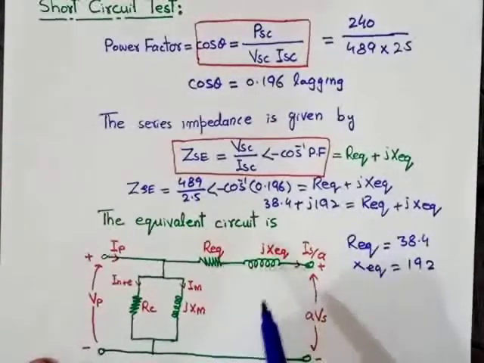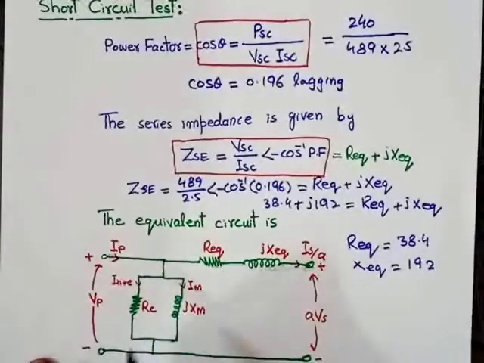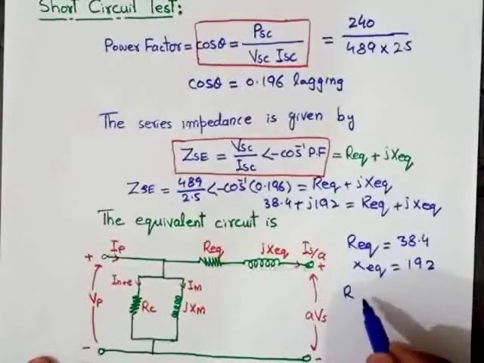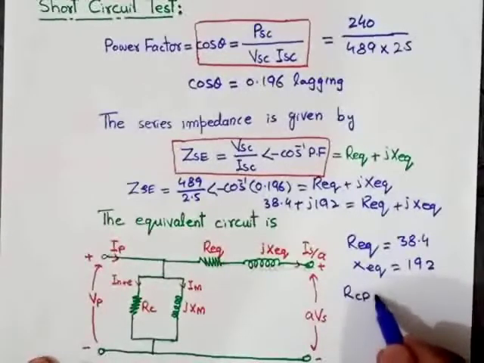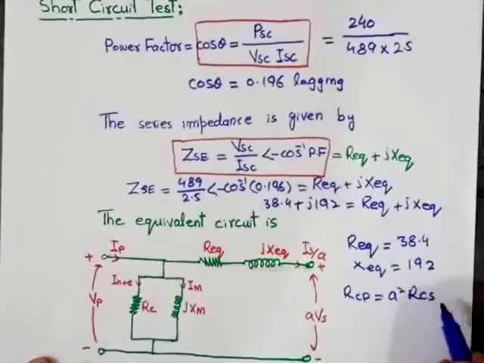So this is the equivalent circuit in the primary side of the transformer. But in open circuit test, we calculate RC and XM in the secondary side of the transformer. It means we convert these values into the primary side. Therefore, RC primary will be equal to a square RC secondary.